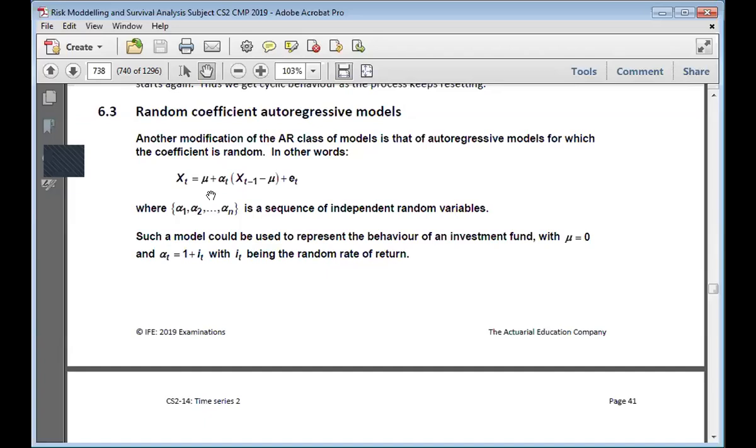Sometimes this is used to represent the behavior of an investment fund, where you assume the mean as 0, or you can always subtract the mean from the process to make it a mean 0 process, and then say that your alpha t is just 1 plus it, where it is the random rate of return.